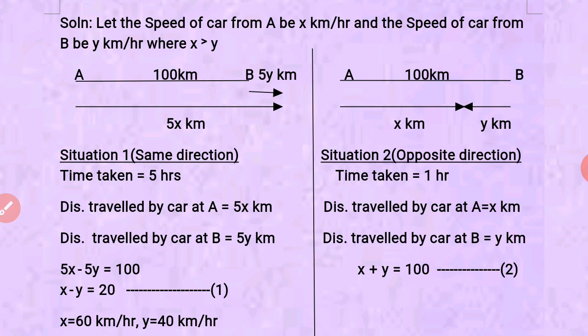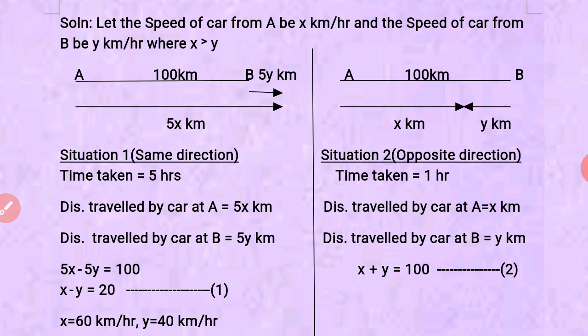Now children, if you think a little bit, you will see in the first condition they are moving in the same direction. It means here I have shown that they are moving from left to right. Now children, they are meeting somewhere also.